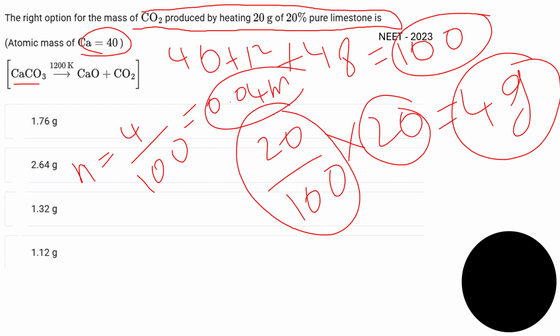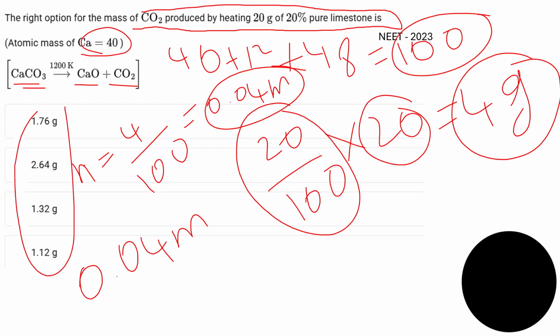Only 0.04 moles of calcium carbonate on heating gives 0.04 mole of calcium oxide and 0.04 mole of carbon dioxide. Okay, 0.04 mole of carbon dioxide is emitted, but they want carbon dioxide in gram. There is a way.